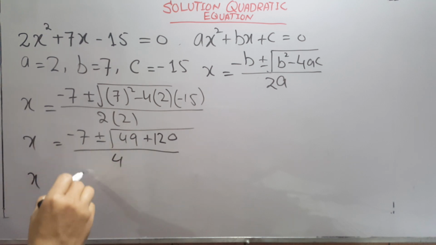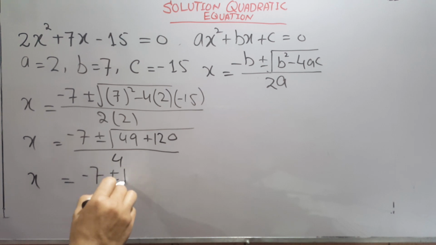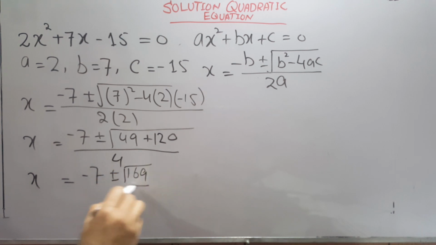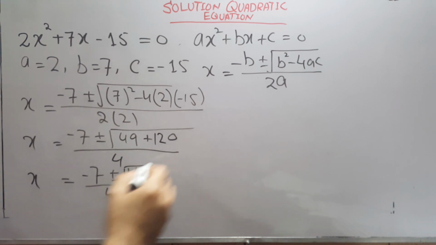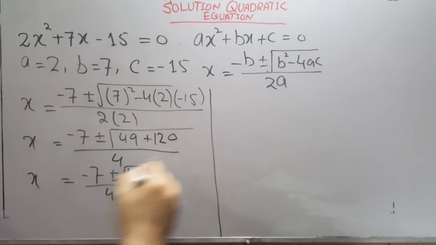So we are left with minus 7 plus minus the square root of 169, over 4. So you can see that these are now two numbers.